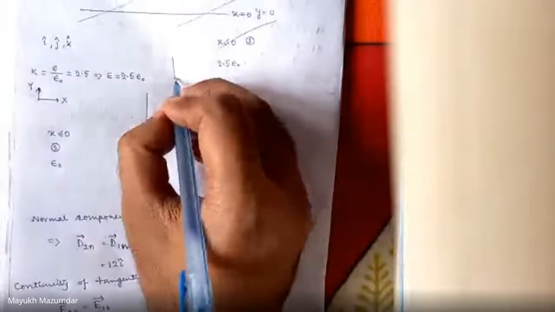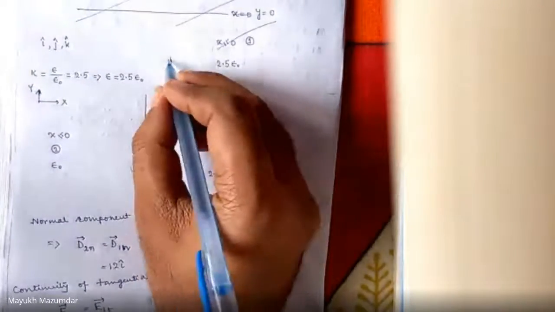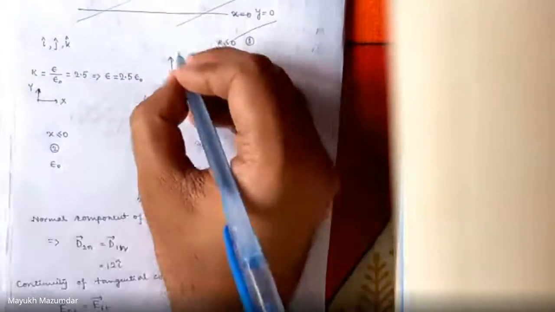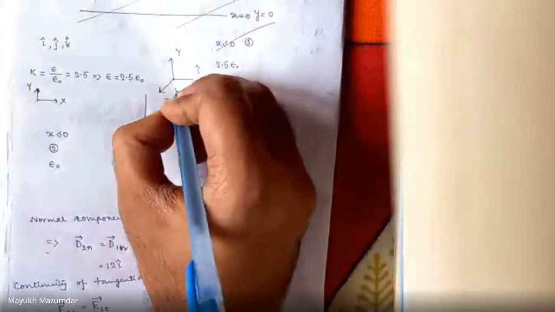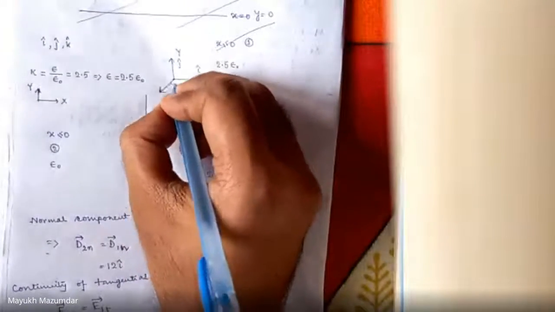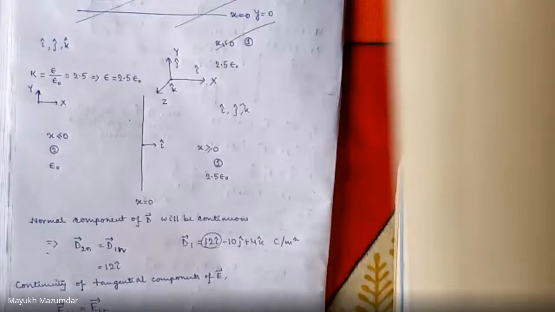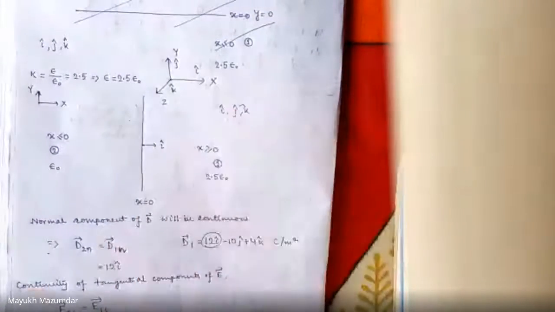Okay, so I have to draw the picture keeping in mind the Cartesian coordinate system. i cap, j cap, k cap. No problem. You can call this one x, this one y, this one z. Doesn't matter.